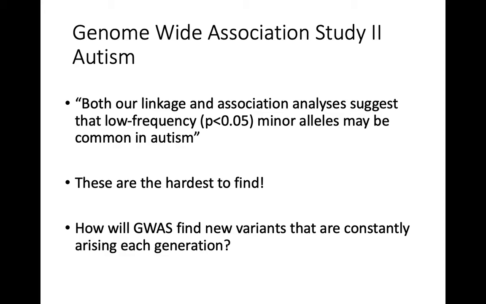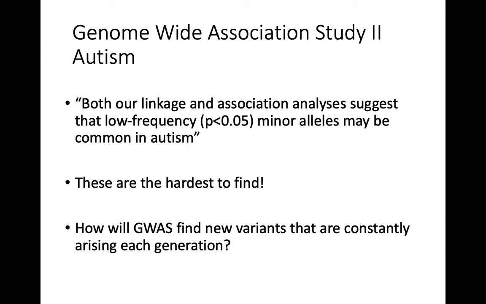But that increased risk of autism, which would show up as a family association, those allelic variants will be different in different groups of families. So you have many different families. There could be an increased risk of autism within those families. But the alleles in, say, family 1 that cause autism might be different than the alleles that cause autism in family 2 or family 3 or family 4.